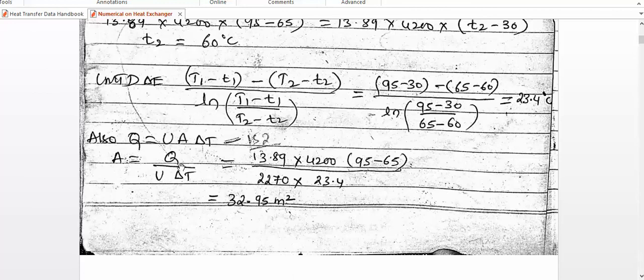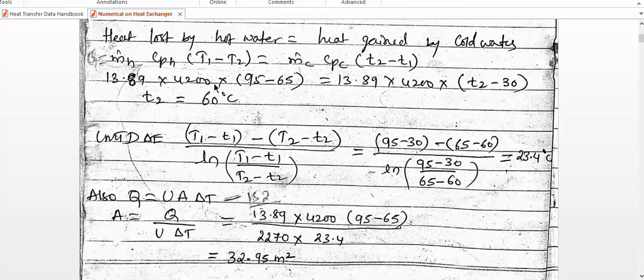This is the expression. So I will write Q, that is, the mass flow rate of hot fluid. Q is equal to, as you can see, m dot h Cph into (T1 minus T2).